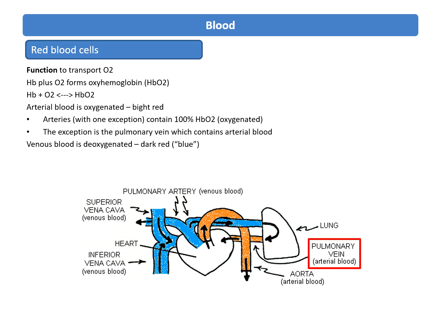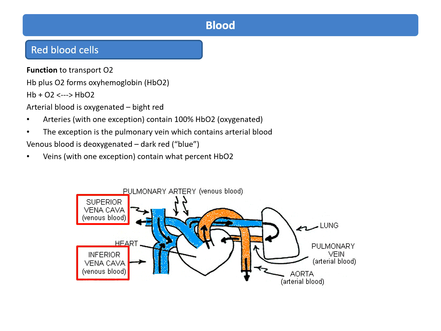Venous blood is deoxygenated blood. It has a dark red, almost a blue look. Veins, with one exception, contain venous blood. What percentage of hemoglobin would you say is found in venous blood? We said it's deoxygenated. Would it be 0%?